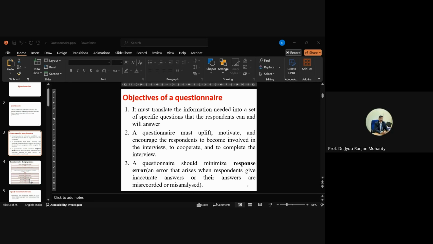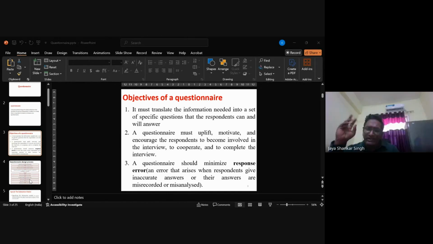Could be random or purposive. Generally, any sampling method is categorized into probabilistic or non-probabilistic. If everyone in your population has an equal chance of being part of the sample, it is a probabilistic sampling method. Non-probabilistic sampling is when elements in the population do not have an equal chance of being part of the sample. Then we further divide it into simple random, stratified, cluster, convenience, systematic. We will go into those later.